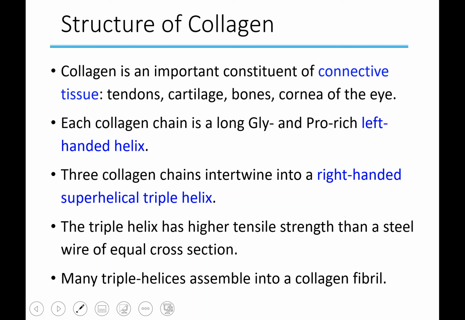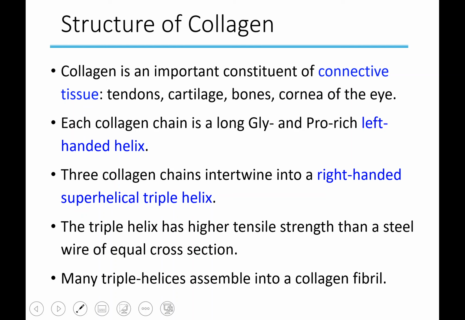Three collagen chains interconnect to form a right-handed superhelical triple helix. So this is a little bit confusing, right? Each collagen chain is a left-handed helix, but they wrap into each other in a right-handed fashion.